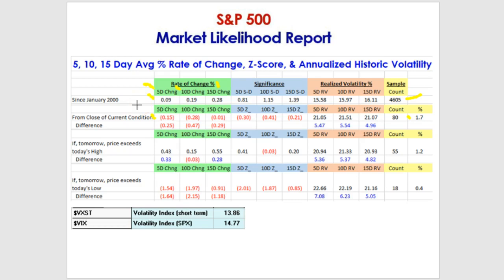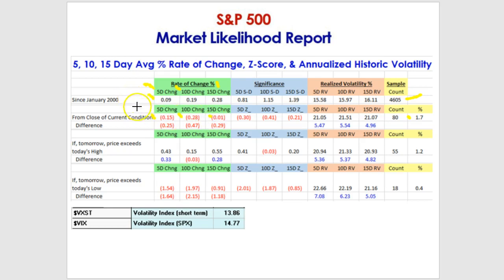So instead of going up almost 0.1%, it goes down 0.15%. The 10-day change is down to minus 0.28%. The 15-day, look at that, is at 0.01. It levels out and doesn't go down as much.